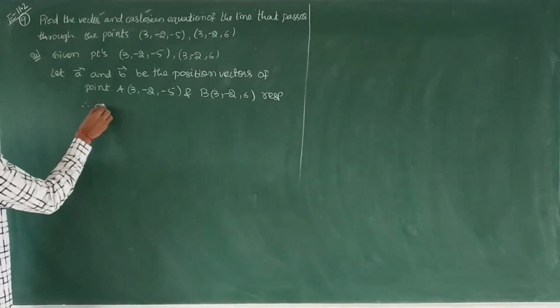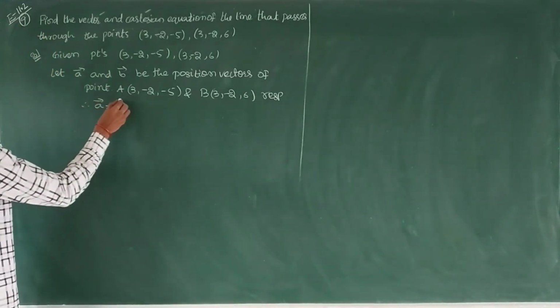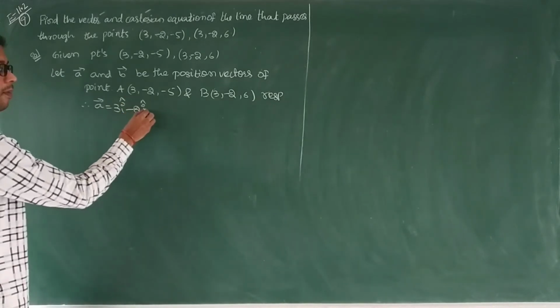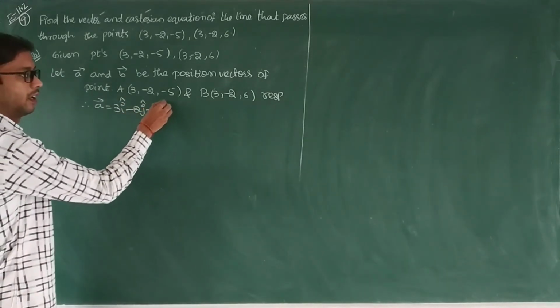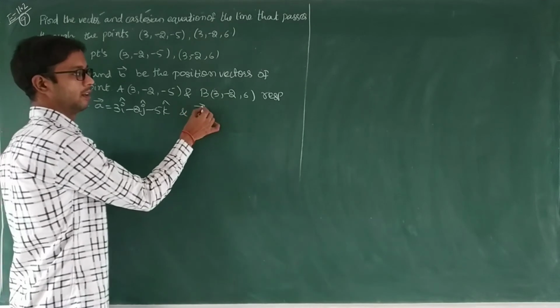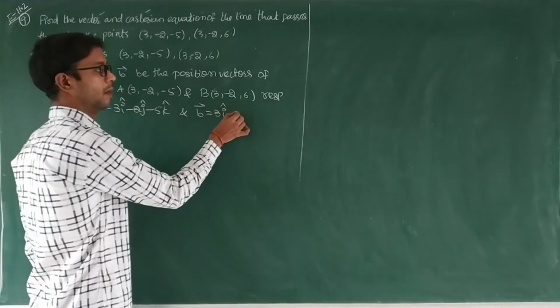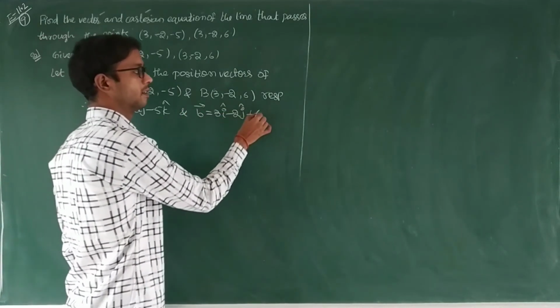So A bar equals 3i cap minus 2j cap minus 5k cap, and B bar is 3i cap minus 2j cap plus 6k cap.